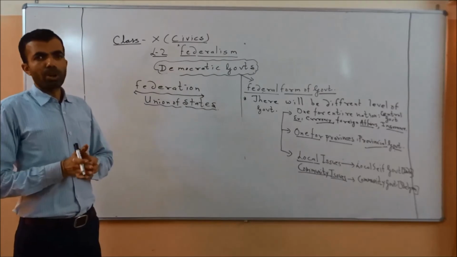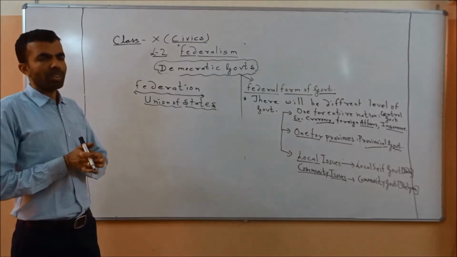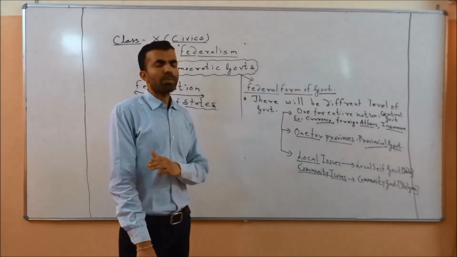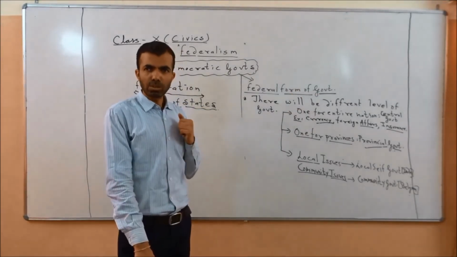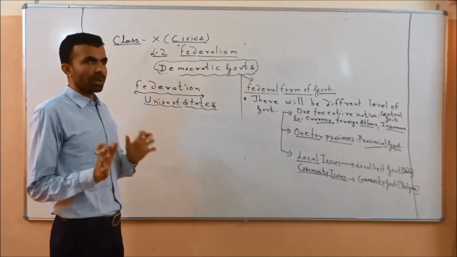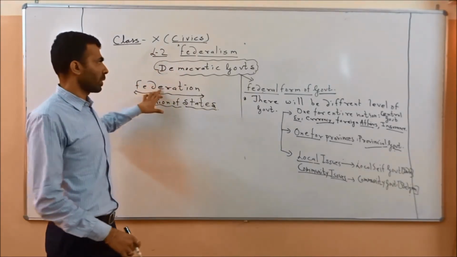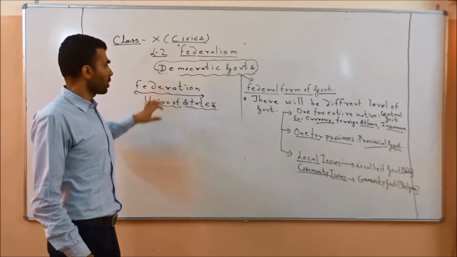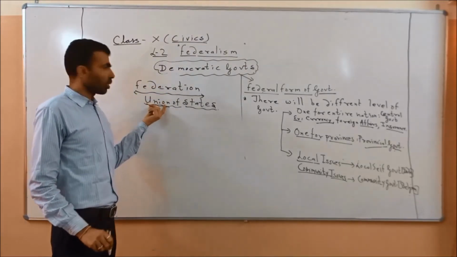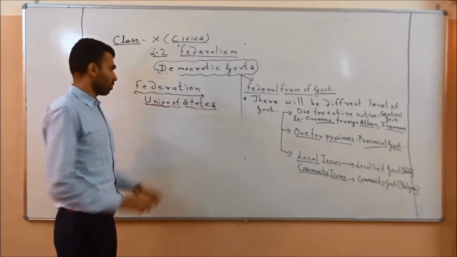A federal form of government is one in which there is a central government for the entire nation, there are a number of state governments, and likewise there are local self-governments. That particular country could be referred to as a federation, a union or group of states.